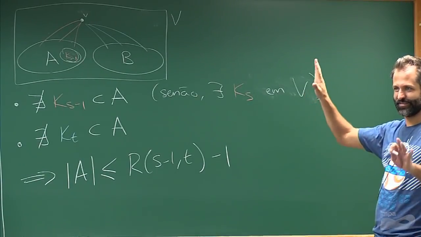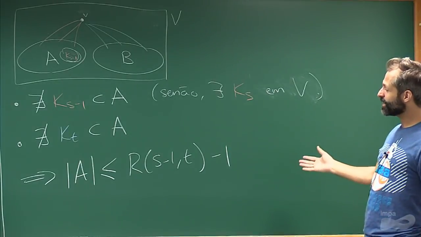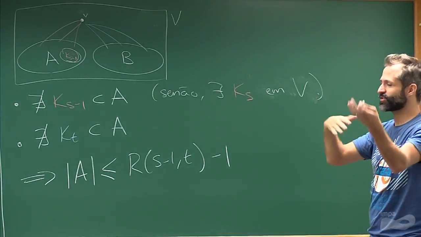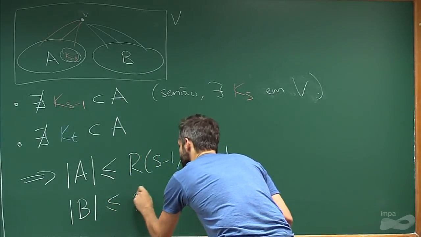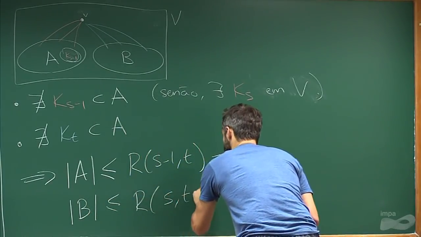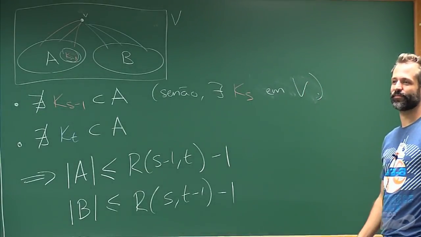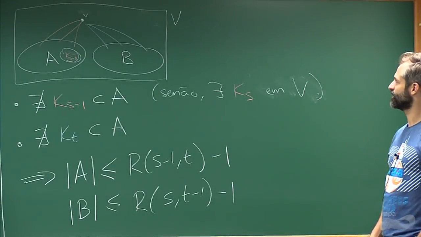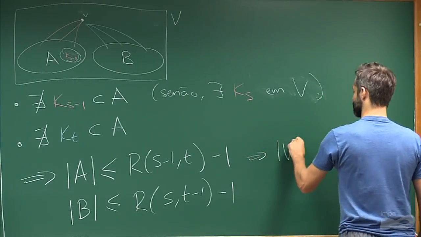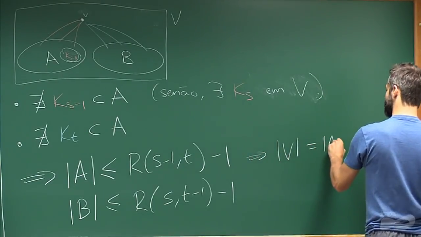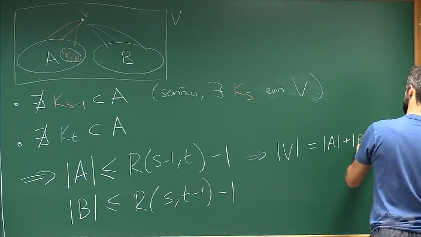Similarly, by symmetry, the size of B is at most R(s,t-1) minus 1. But the size of V equals A plus B plus 1.